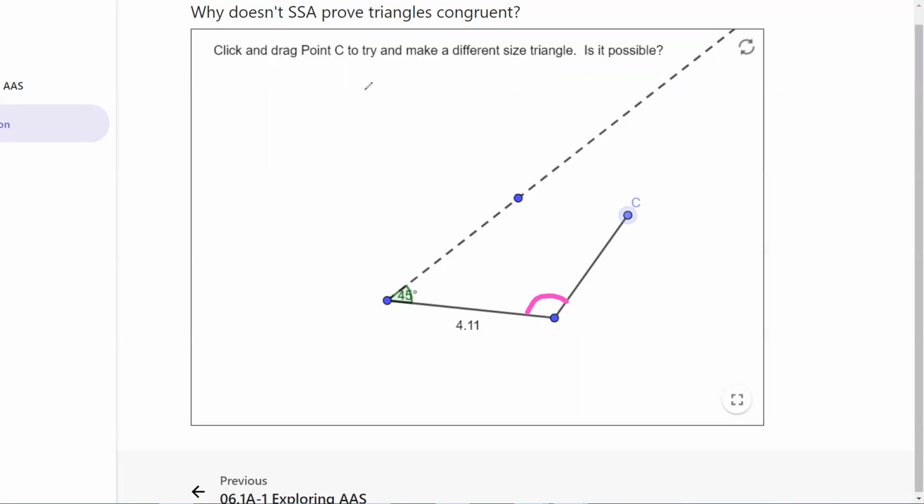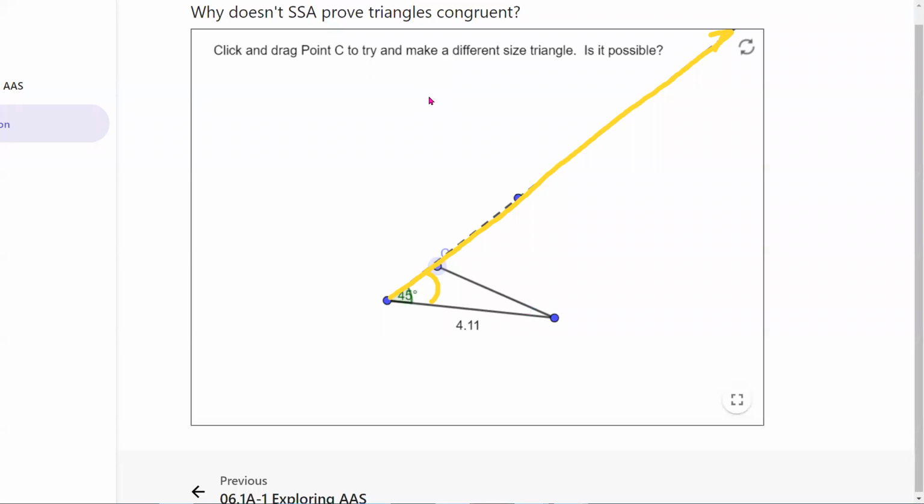And so what they're doing is they're shooting off a ray here that's going out forever and ever. So that 45 is between that ray and that one side that I know, that 4.11. And again, I still know that other side, it is a set length. They just didn't give us the value, but it is a set length. And then what's going to happen is that angle was not determined. So if I move this, I can come around this way and I get this little angle here.